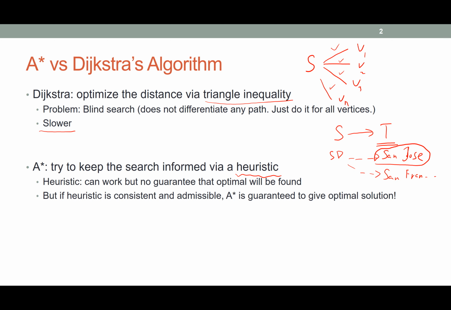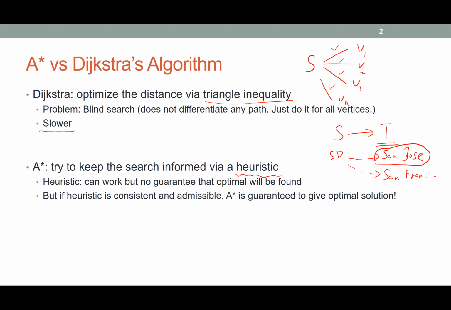So in other words, if you use San Diego to San Jose as the example, if your heuristic is not designed properly, it will give you a distance from San Diego to San Jose, but it can't guarantee that this distance A-star finds will be the optimal smallest distance.